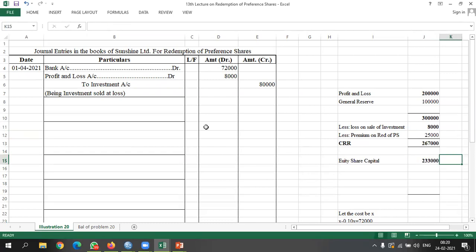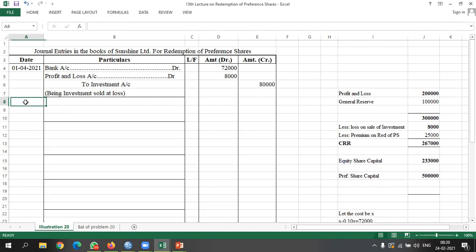The total preference share capital which we want to redeem is 5 lakh rupees, meaning 2 lakh 67,000 plus 2 lakh 33,000. Total we require 5 lakh. So we can manage 5 lakh by creation of CRR of 2 lakh 67,000 and issue of equity share capital in the market, a sum of rupees 2 lakh 33,000.